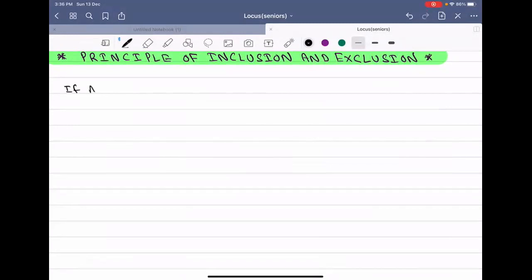If A1, A2 are two disjoint sets, then we have the number of elements in A1 union A2.